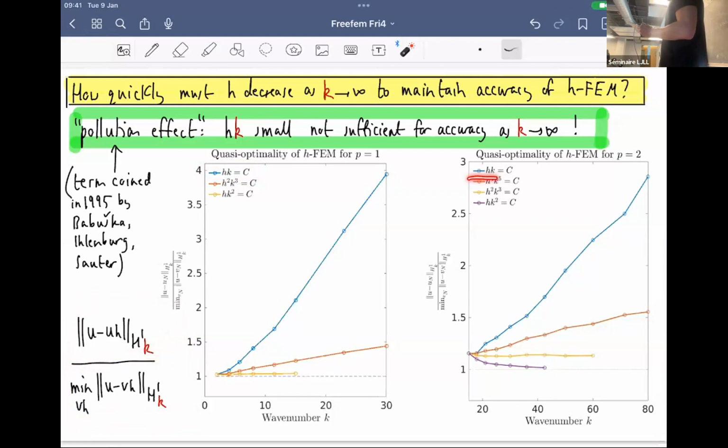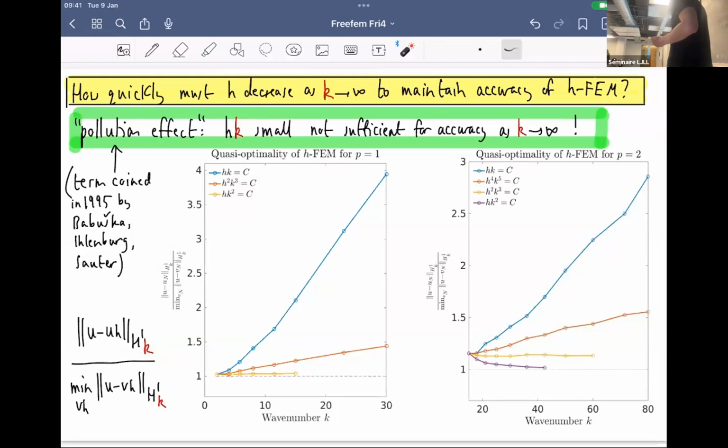On the right, this blue curve is also when hk is constant, and it is increasing with k. Then you start to play the game: hk is not sufficiently small, so let's find out what the mesh threshold is. I should say these pictures are plotted for 2D scattering of a plane wave by a ball.